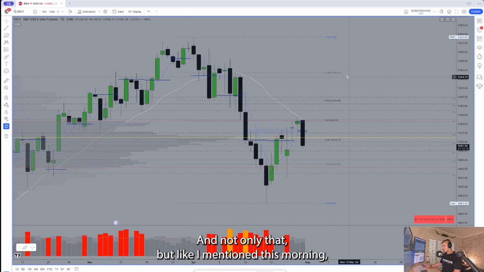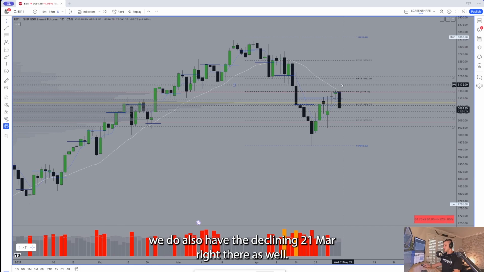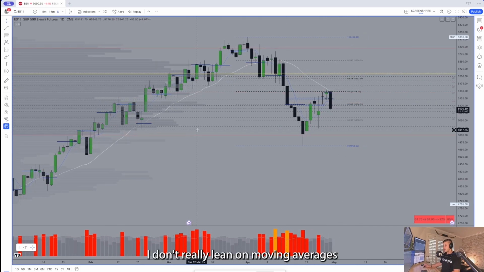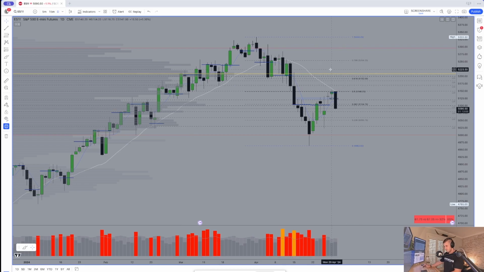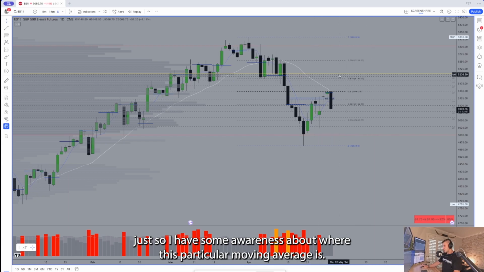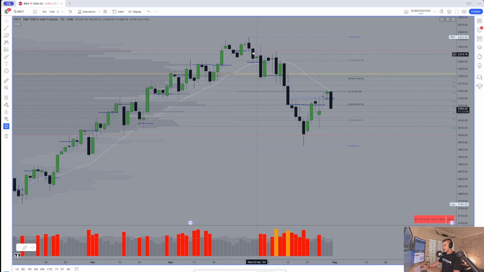Not only that, but like I had mentioned this morning, we also have the declining 21 MA right there as well. I don't really lean on moving averages at all. I keep this on my chart just so I have some awareness about where this particular moving average is.